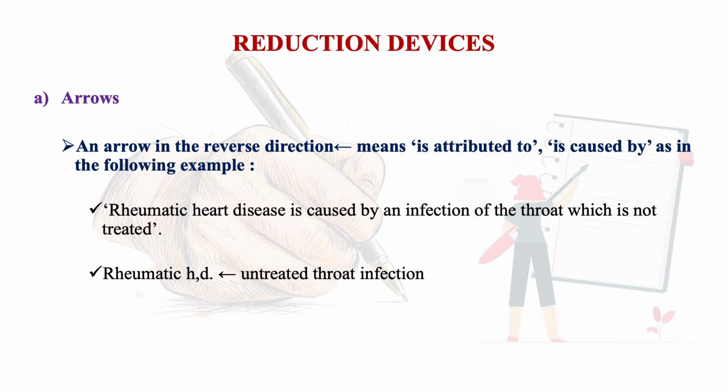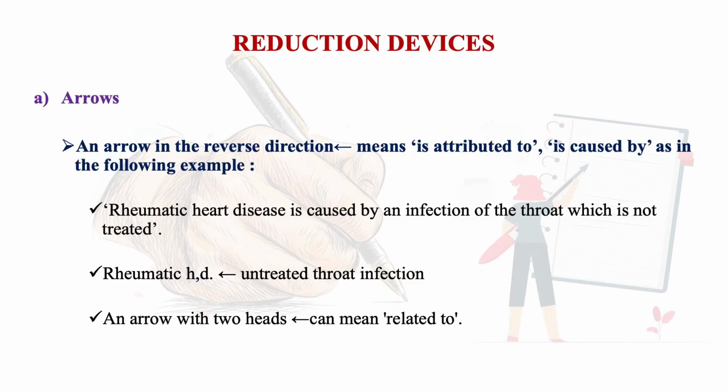So rheumatic, then HD, and then the arrow in reverse direction, then untreated throat infection. So what does it mean? It means that rheumatic heart disease is caused by untreated throat infection.